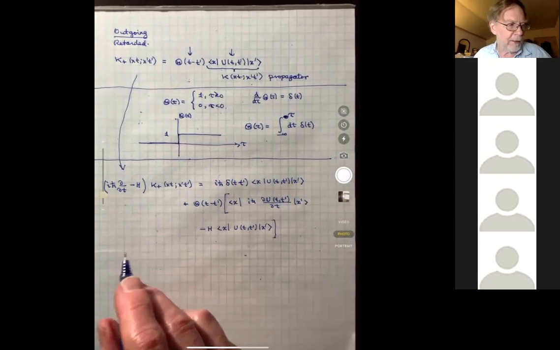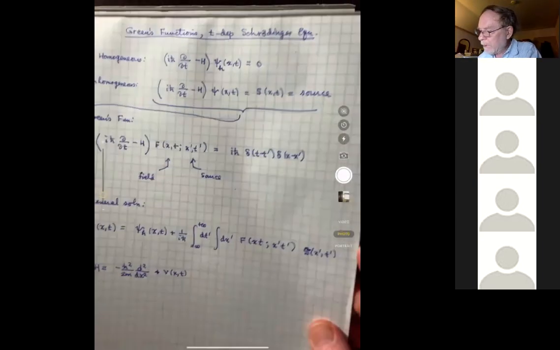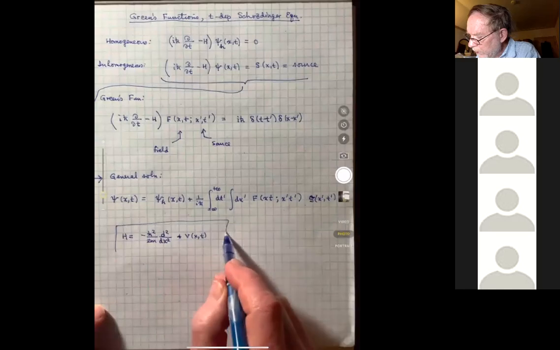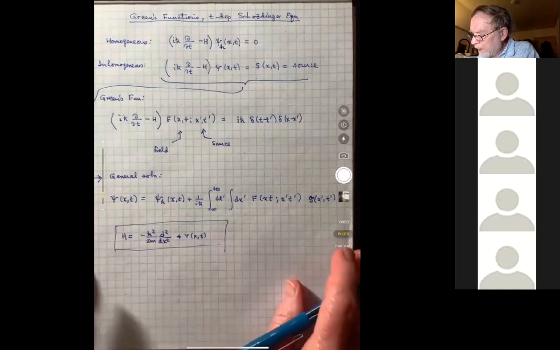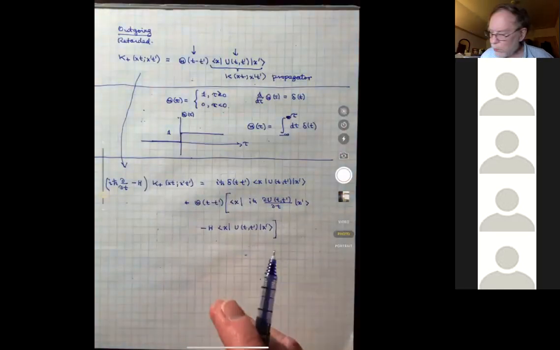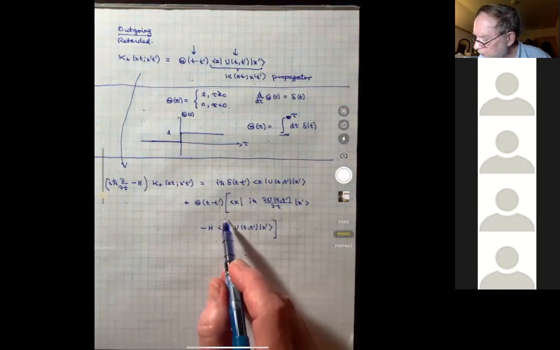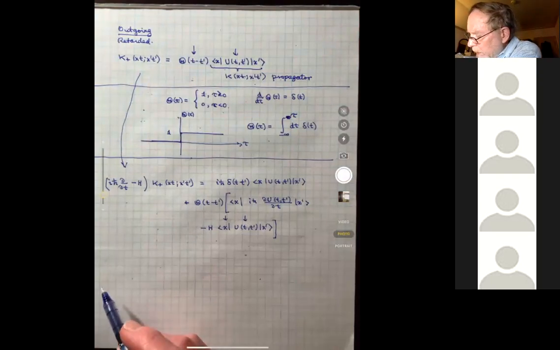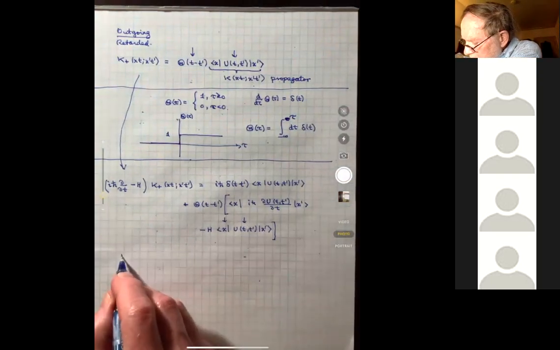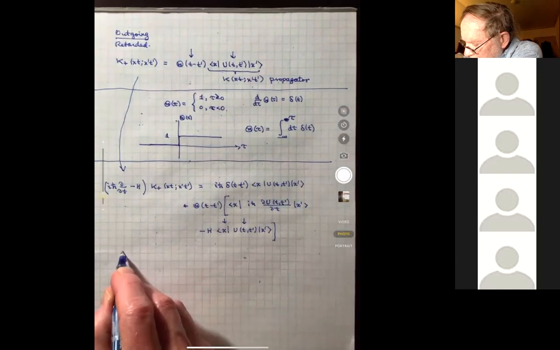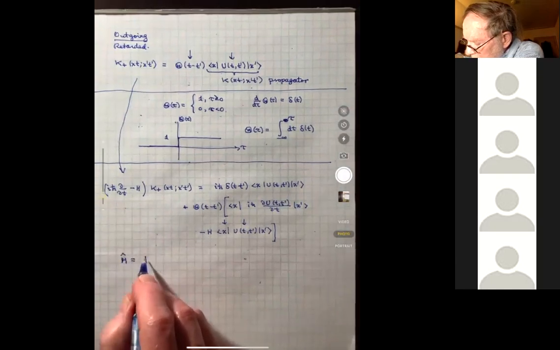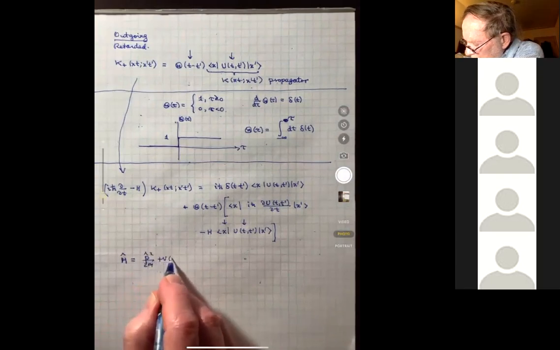Let me bring that back. It's just the Schrodinger operator. Here it is. Here's the H. It's this operator acting on the x and t dependence. So acting on this matrix element, the x dependence is there and the t dependence is there. Let me introduce the operator I'll call H hat, which is different from the differential operator because it's written as a Hilbert space operator as p hat squared over 2m plus V of x hat comma t.